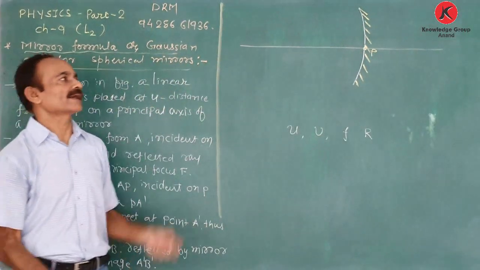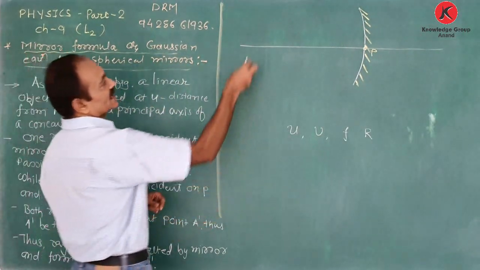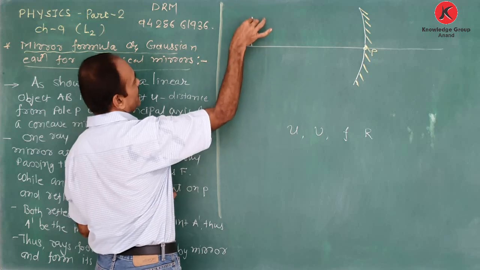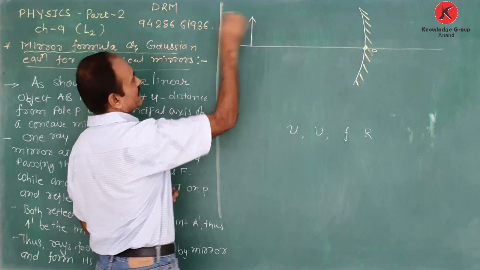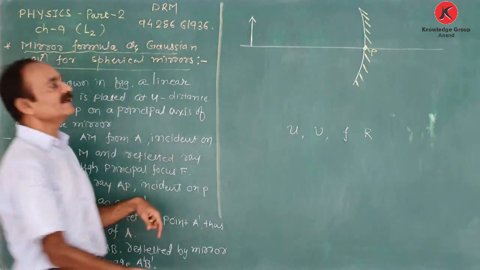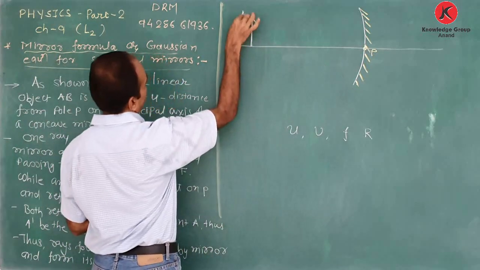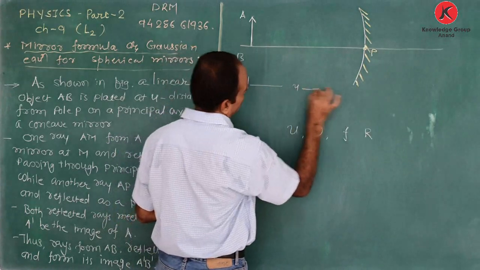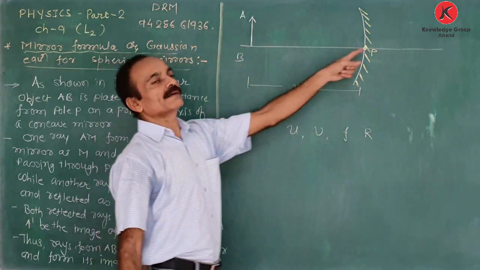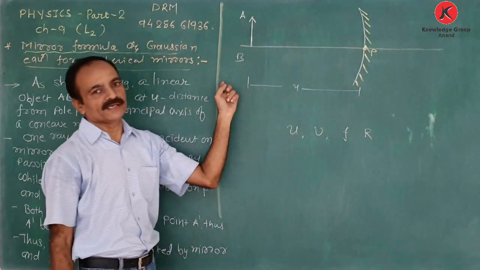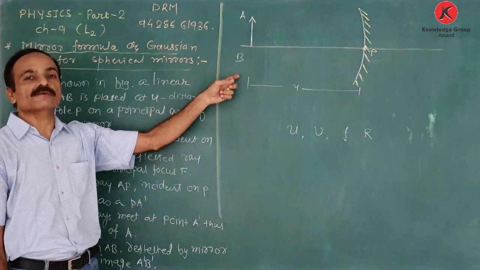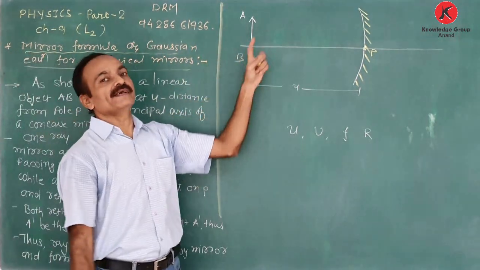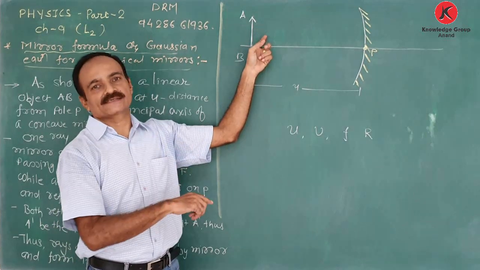Pole. Okay. Now, here we place a linear object AB on the principal axis of the concave mirror at u distance. The object AB is placed at u distance from the pole of the concave mirror. To obtain the image of this object, we require at least two rays.